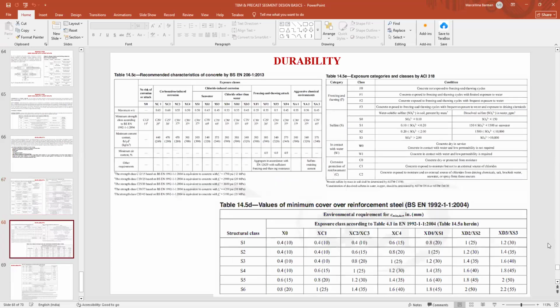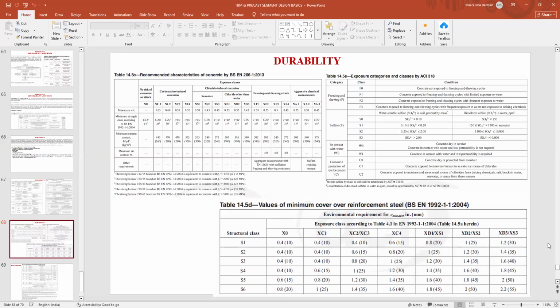According to the exposure of the attack, we specify the minimum concrete grade. You can see there are different concrete grades specified for different types of exposure class. Accordingly, I have defined the cement content also, because the cement content mostly specifies the concrete compressive strength. And if there is any other requirement, I specify that also.